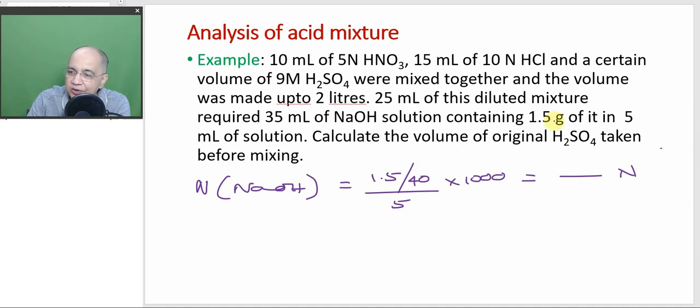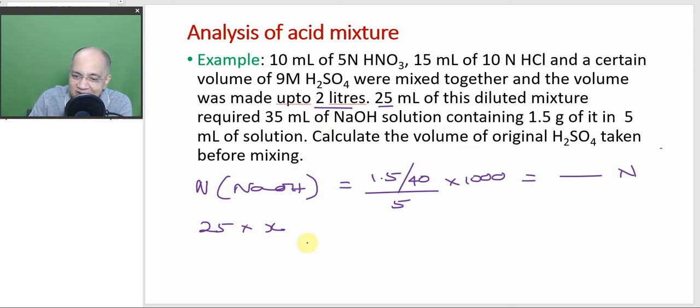Then V1N1 is equal to V2N2. 25 milliliter of the acid solution, the mixture of acids, 25 into X. That X is the normality of the acid mixture present in the stock solution, 2 liter solution.